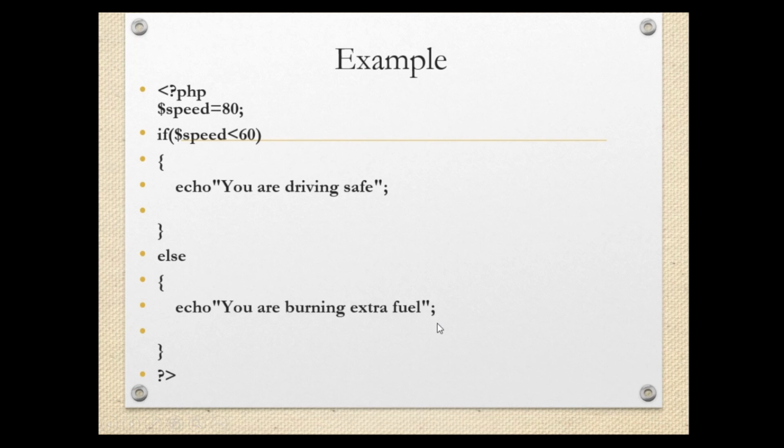So students, in this example we have taken $speed equal to 80. If my $speed is less than 60, that means I am driving safe. If this condition is true, this part will be executed, else it will go in the else part. Now our speed is 80, so automatically it will go in the else part, that is you are burning extra fuel.